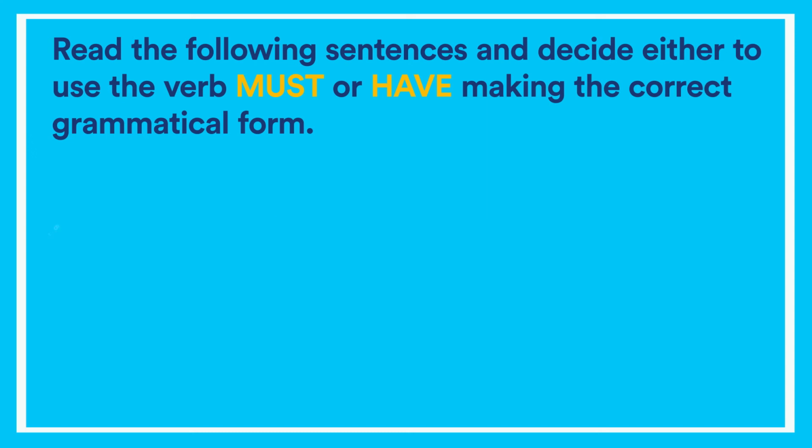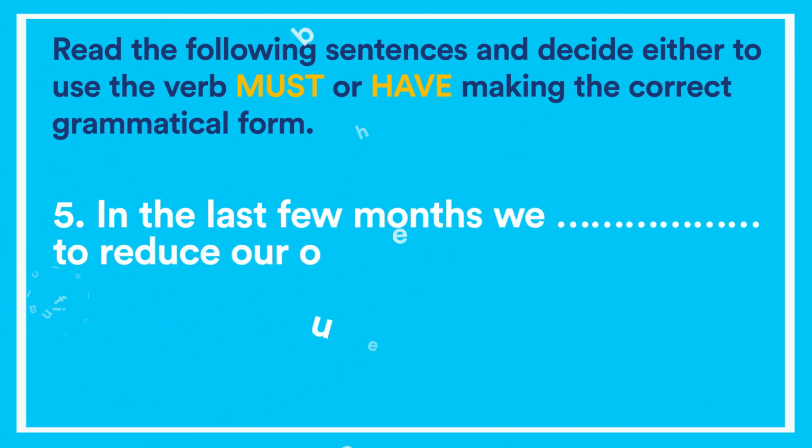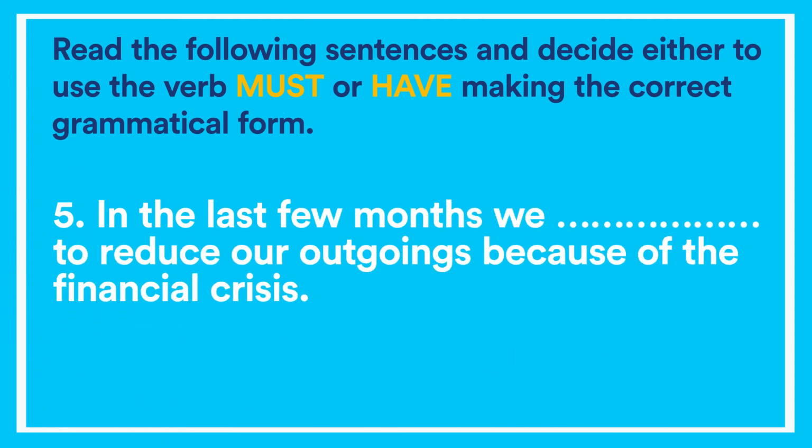Number 5. In the last few months to reduce our outgoings because of the financial crisis. Use the verb have had. In the last few months, we have had to reduce our outgoings because of the financial crisis.